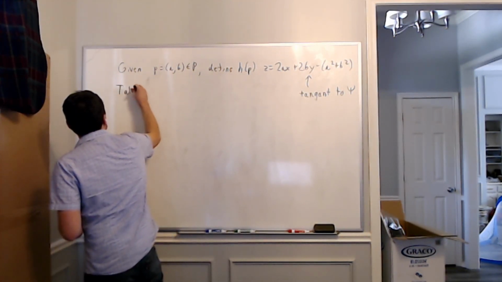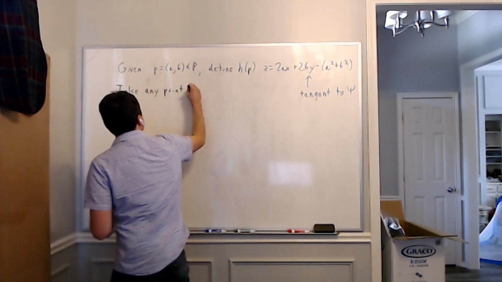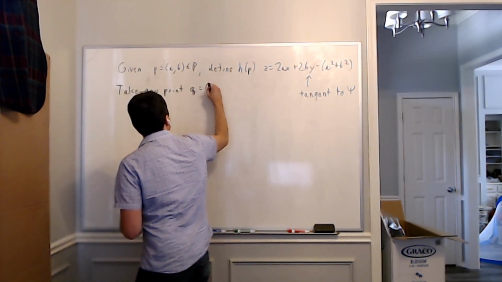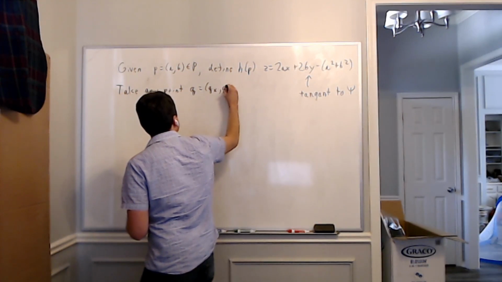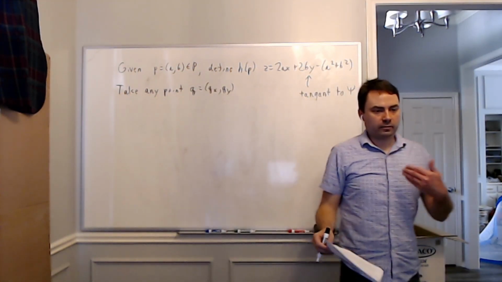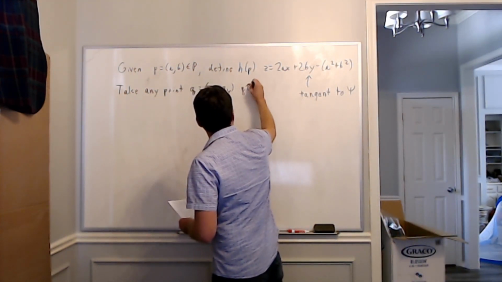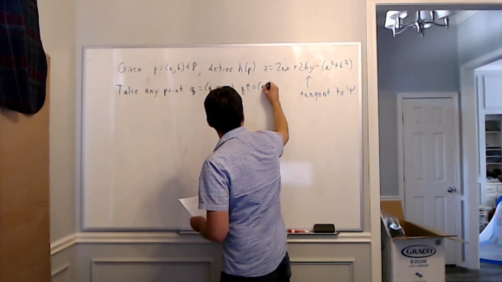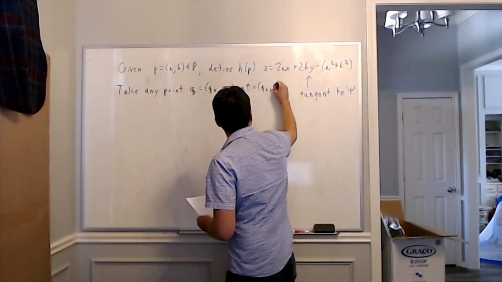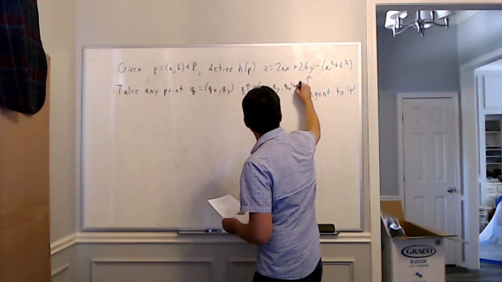Now take any point Q equal to (q sub x, q sub y). From earlier, we defined Q up to be (q sub x, q sub y, q sub x squared plus q sub y squared).